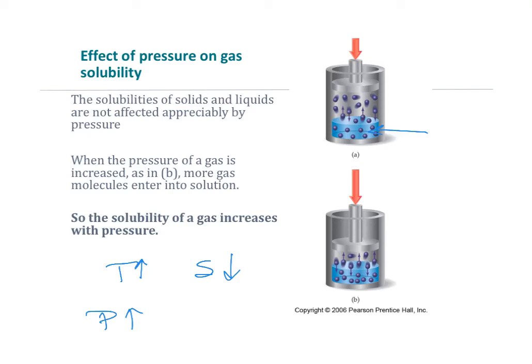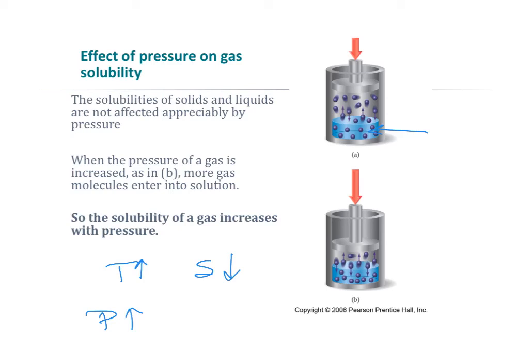So what happens to the pressure when you open that cap? The pressure goes down, right? So what's happening, do you think, to the solubility of the carbon dioxide in the soda when you reduce the pressure, when you take off the cap? It goes down, right? So the opposite can happen.